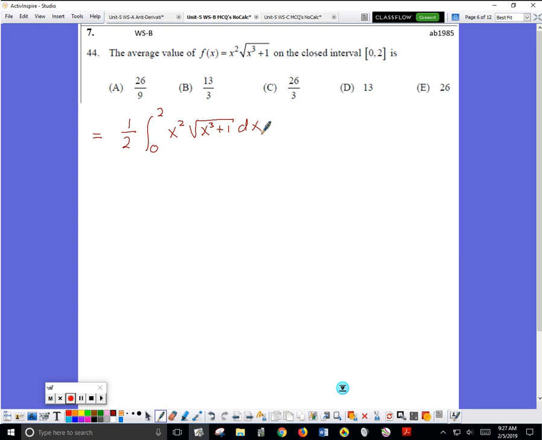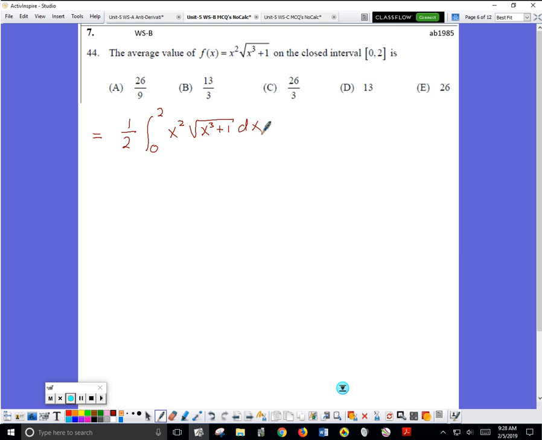Good? Okay. When I look at it, my first thought is there is no rule. Second thought, well, I do have two things multiplying, so that looks good. Next thing I do is I just play around with it. I think, well, if I had x squared be u, the derivative would be 2x.